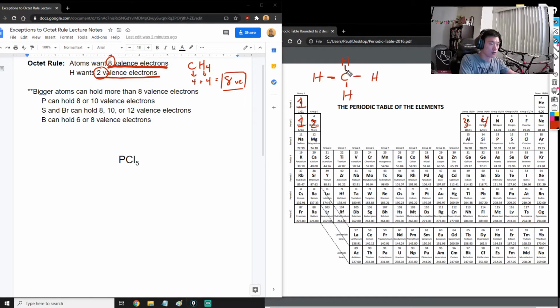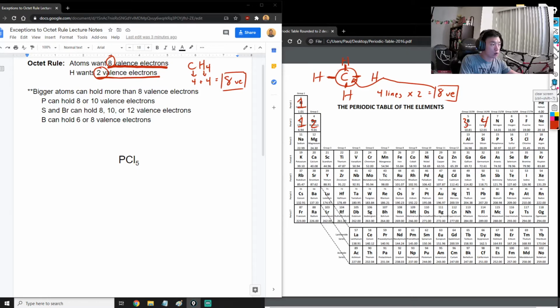Carbon has 4 lines, and each line equals 2 valence electrons, so carbon has 8, which means our answer is correct. You should be pretty familiar with this. All the atoms except hydrogen want 8.